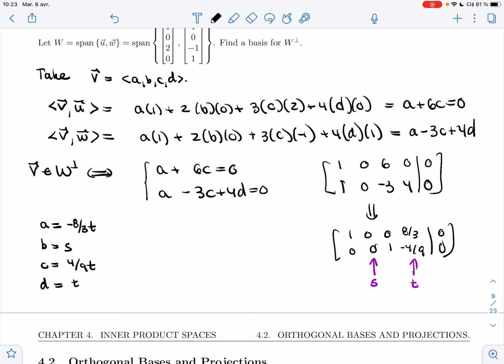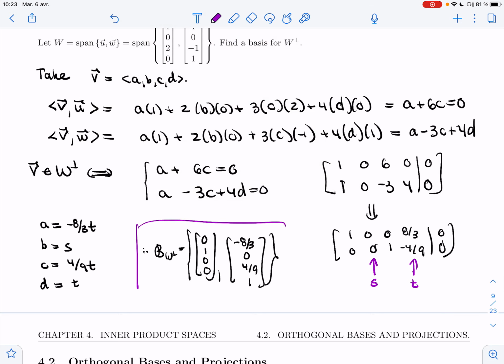And so my vectors are going to be 0, 1, 0, 0. That's not a 6, that's a 0. And minus 8 thirds, 0, 4 ninths, and 1. All right? So that's my basis.